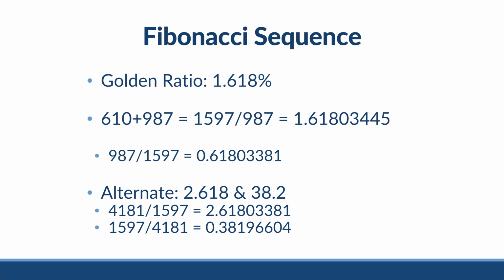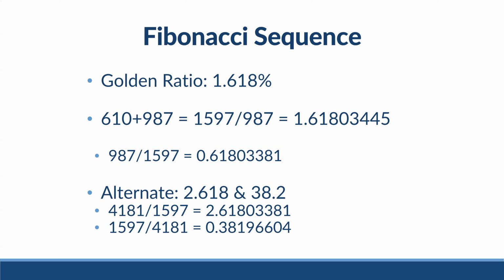But below our examples that we have here, just of numbers within the sequence, right? For fun, go ahead and run the sequence yourself, and the math will always work out the same anywhere along the timeline. You'll see it, it's kind of crazy. So, a classic example: 610 plus 987 equals 1597.